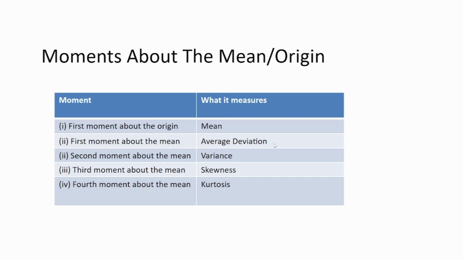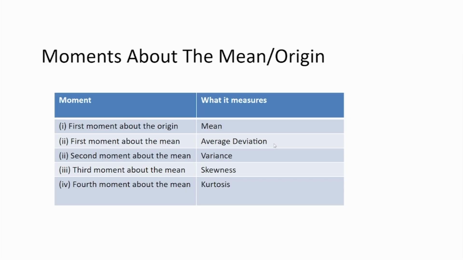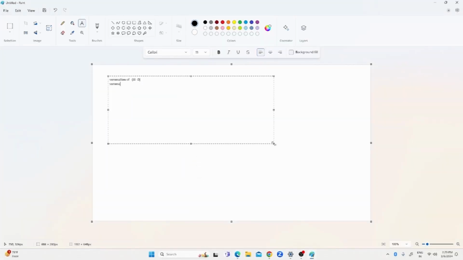We are talking about moment about the origin. So what is it? Summation of xi minus 0. This is the moment about the origin.